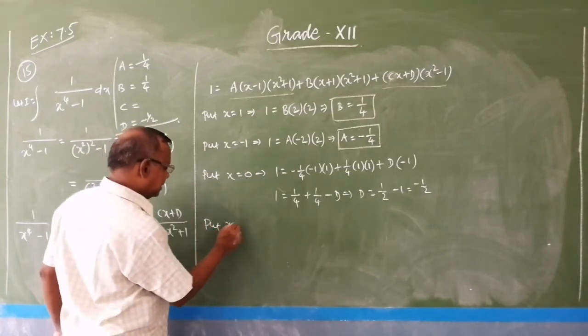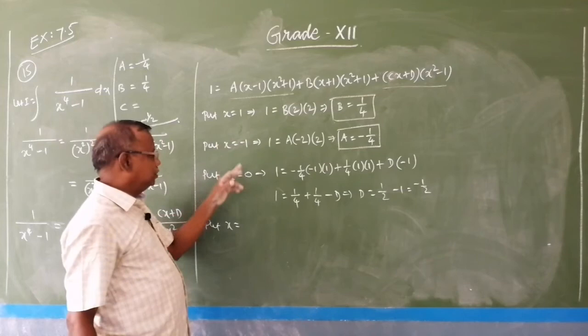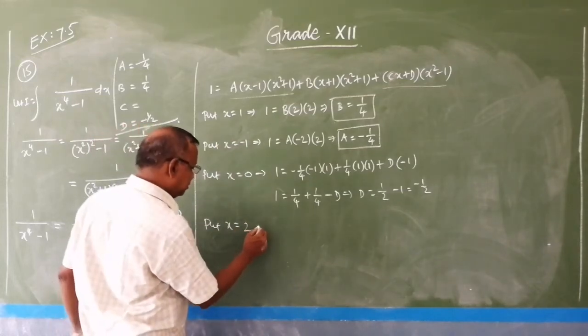Substitute any other value for x. So I have taken 1, minus 1, 0 already. So put x equal to 2.